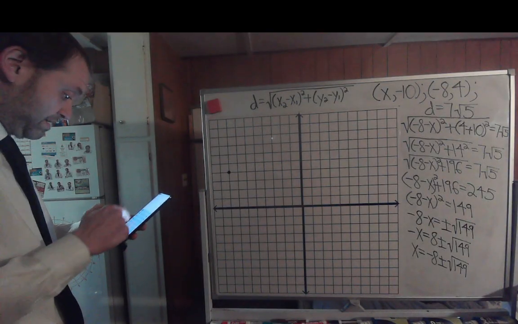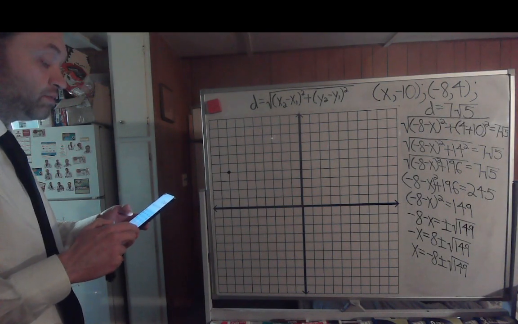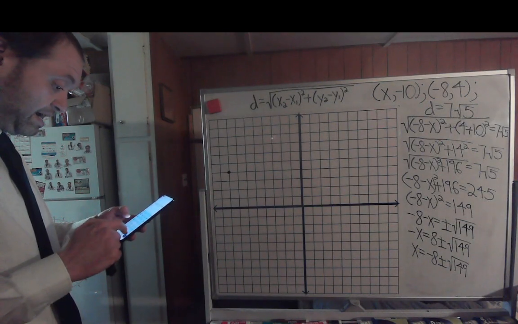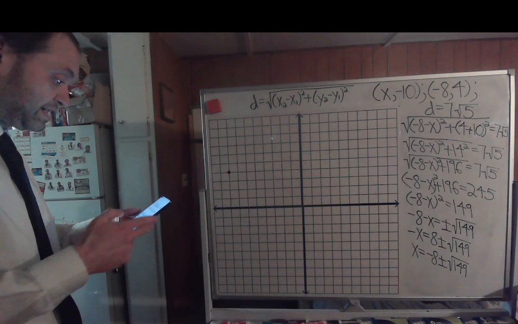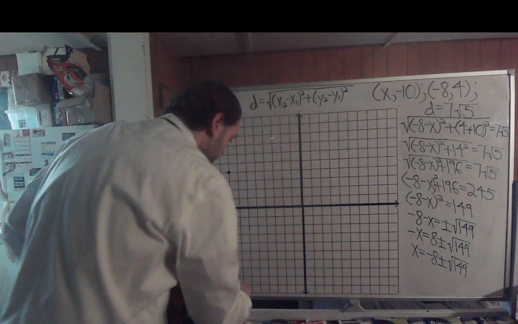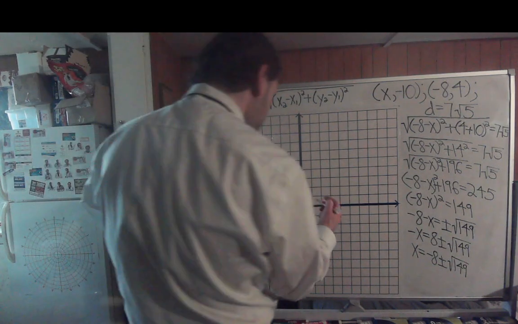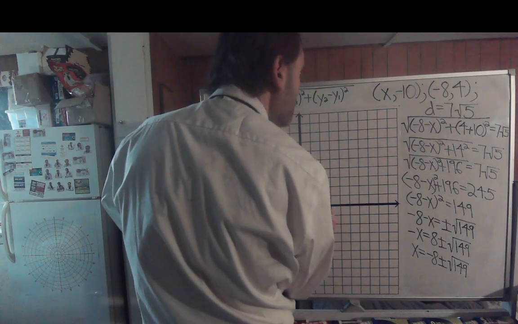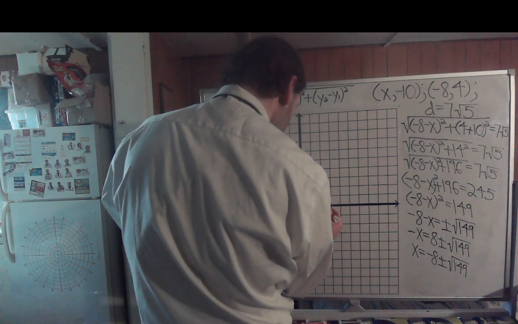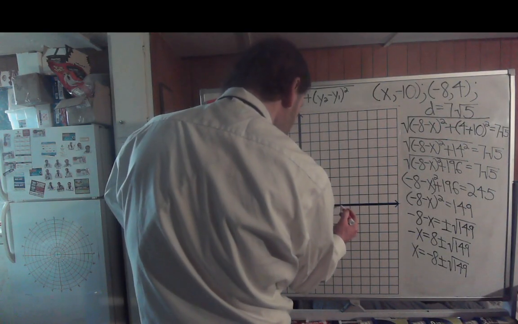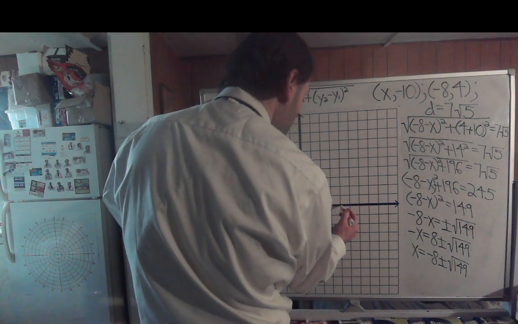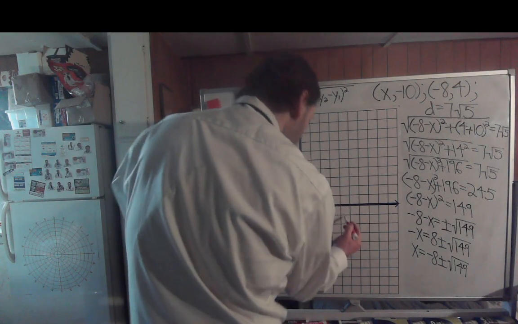But what about the square root of 149? Let's take that. That minus 8 would put you at about 4.21, about here, all the way down to negative 10.